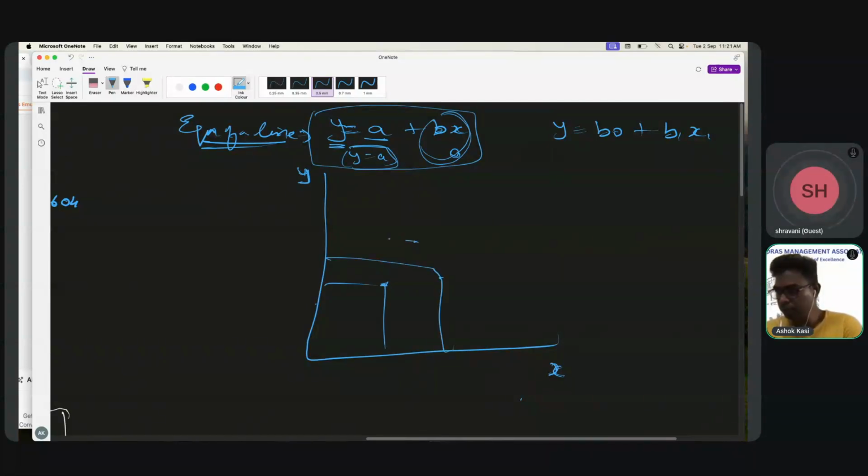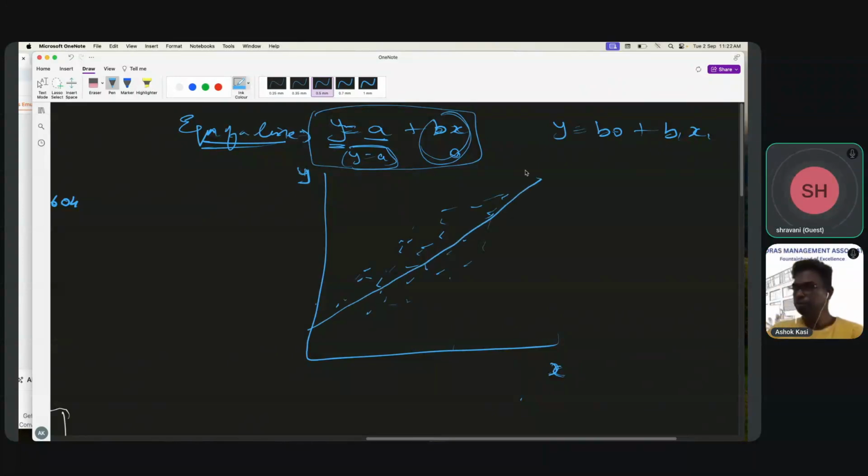When x is here, y is here. Like this, various numbers. Here we have taken a very simple example of only 4 observations, but practically many observations will be there, and then one regression line is drawn in between.